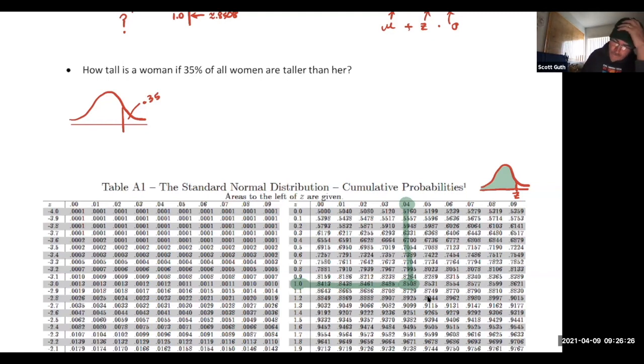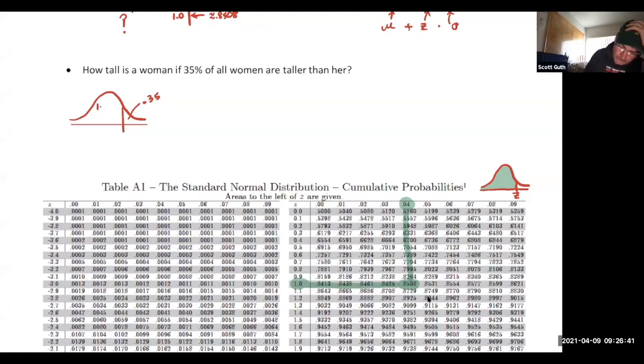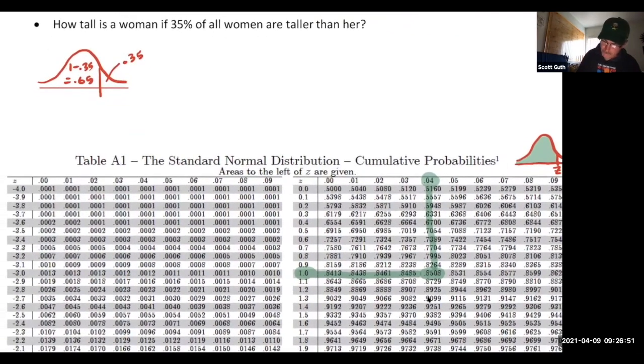Anyway, so we have the area to the right. It's 0.35. I still need the area to the left because this table does not do areas to the right. It could, but it doesn't. Would that be the 0.65? Good. So we're doing 1 minus 0.35, which is 0.65. And now we're doing the same thing. We're going to the table and searching for something close to 0.65.